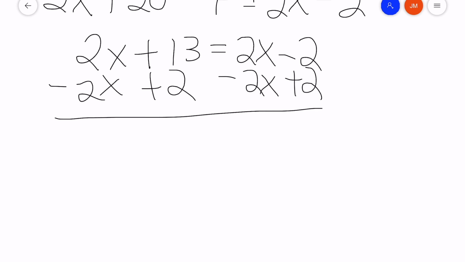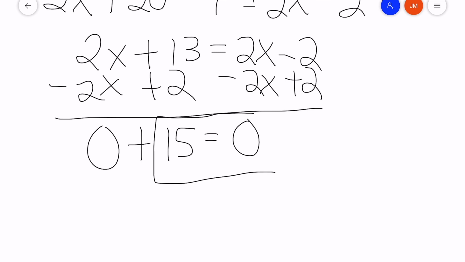And we're left with 2x minus 2x is 0. 13 plus 2 is 15. And 2x minus 2x is 0. And negative 2 plus 2 is 0. So here we're left with 15 equals 0. Obviously, we know that 15 is not equal to 0. So in this particular linear equation, there is no solution.